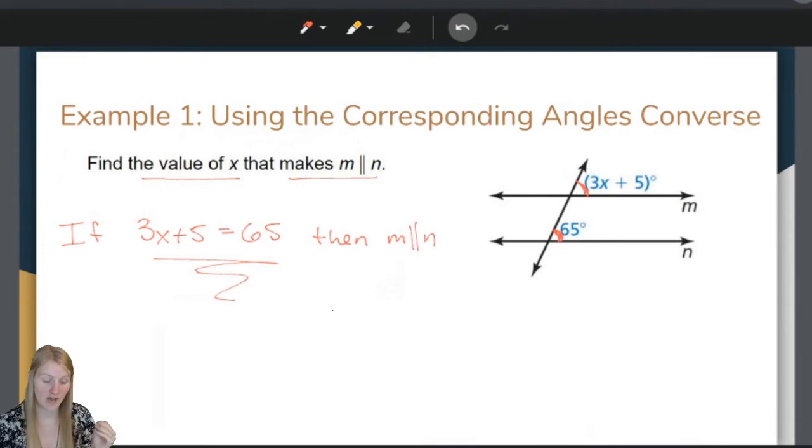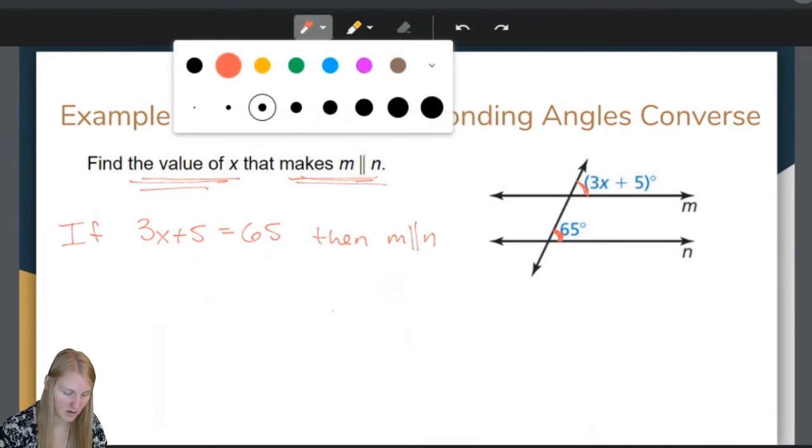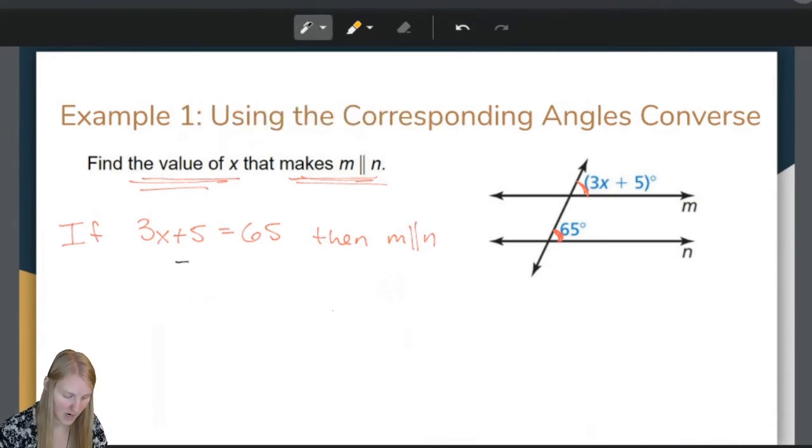If x equals that number, then m and n are parallel. So when it says find the value that makes m and n parallel, well, if corresponding angles are congruent, then the lines are parallel. So let's solve this equation right here. And I'll use a different color. Minus 5, minus 5.